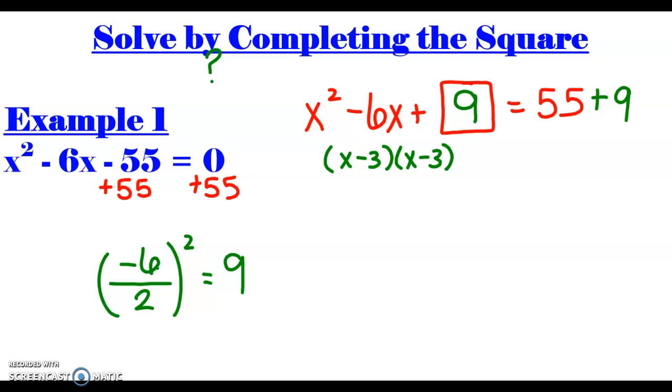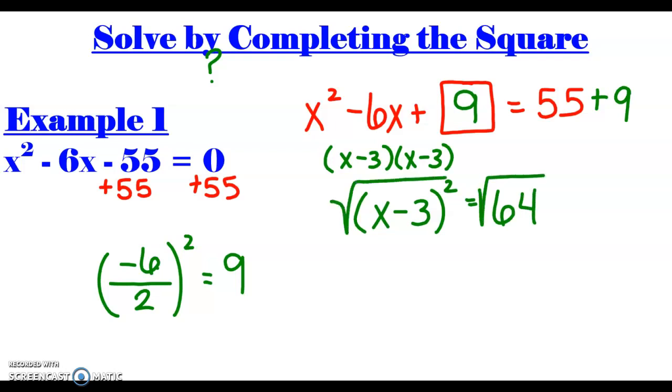So instead of writing x minus 3, x minus 3, we'd write x minus 3 squared. Other side, 55 plus 9 would be 64. So then we would solve. To get rid of a square, we square root. So we have x minus 3 equals, the square root of 64 is positive or negative 8. To get x alone, we'd add 3. So x equals 3 plus or minus 8.